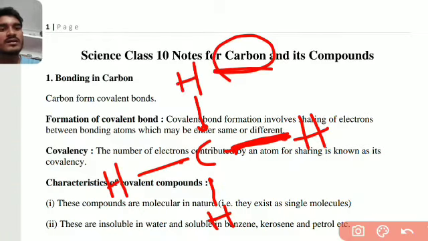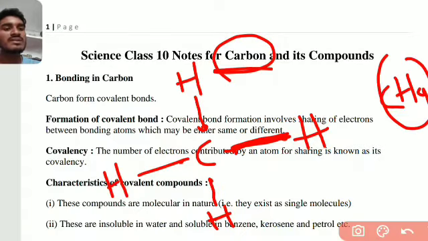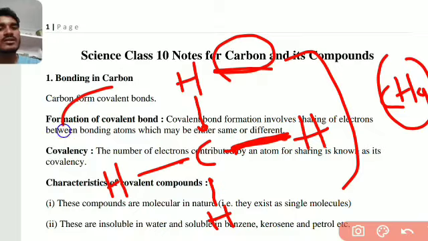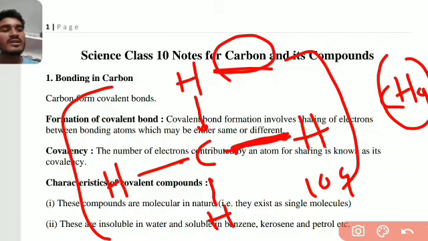When we put the molecules together, CH4, we call it methane. This is a methane molecule. The bond angle is 109.5 degrees and the shape is tetrahedral. It is the tetravalency of carbon.